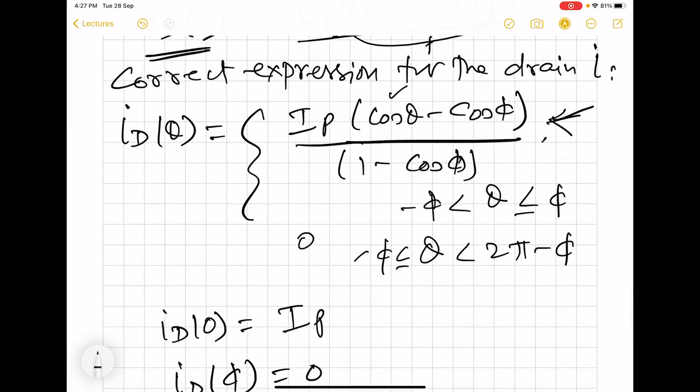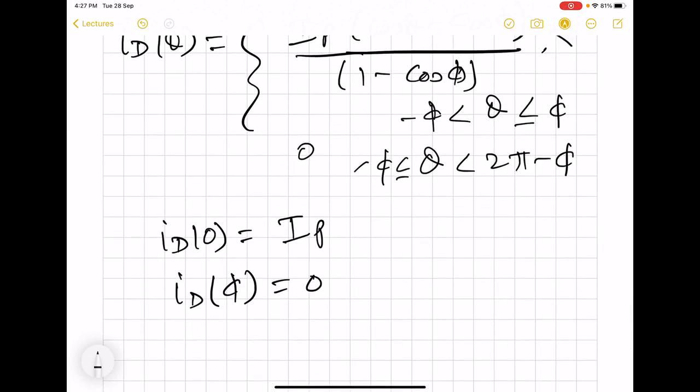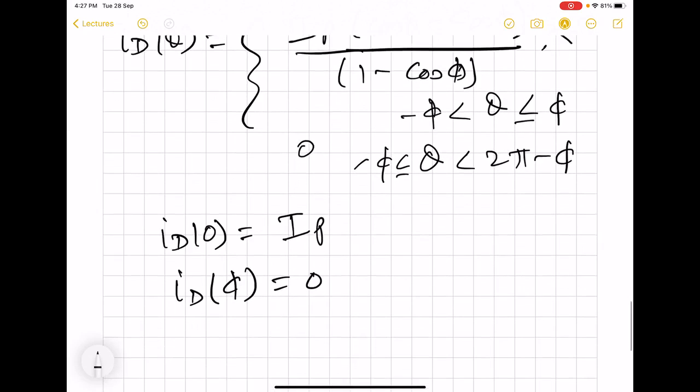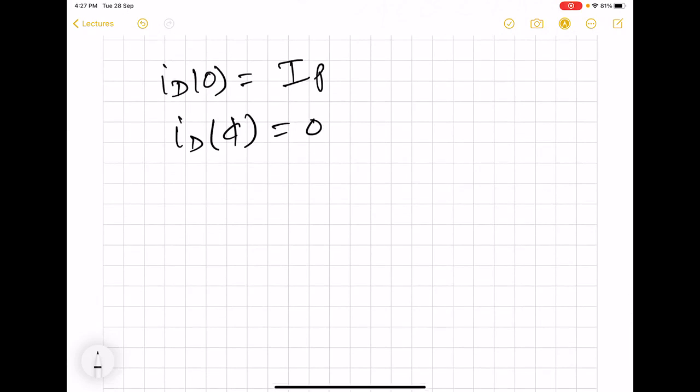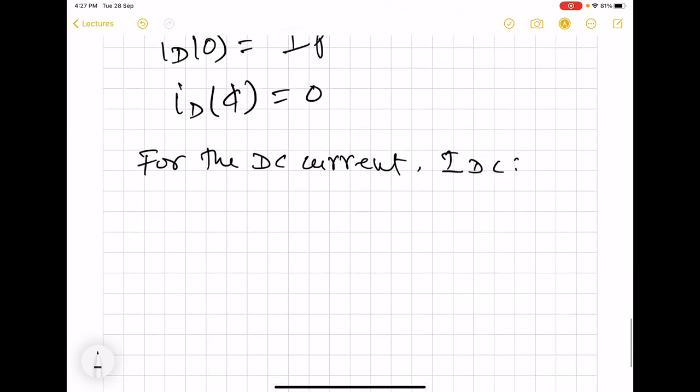So once we have written the correct expression, we can proceed to find out the DC and the fundamental part, because they will be required in finding the drain efficiency. So first we will try to find out the DC part. What we have to do is find out the average value.